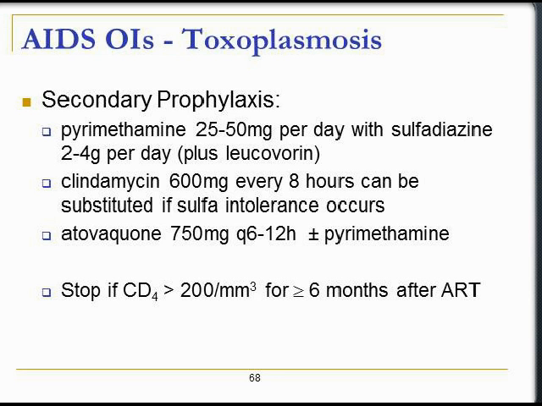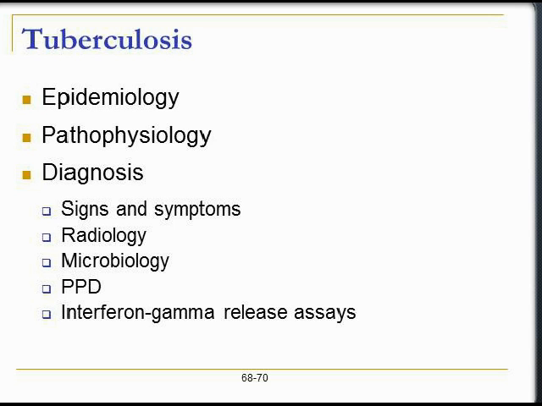But the important thing to know is that you do stop primary and secondary prophylaxis when CD4 counts have gone up for an extended period of time. Hopefully there won't be any questions that are cruel enough to differentiate between 3 and 6 months. That would just be really cruel on your part.